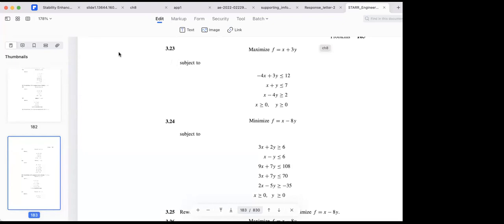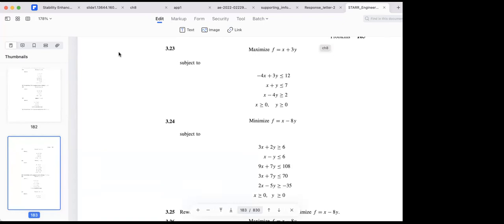Can you solve it using the simplex method? No, Ajahn, because of the third constraint. Yes, the third constraint. If you want to use the simplex method, you need two phases, right?